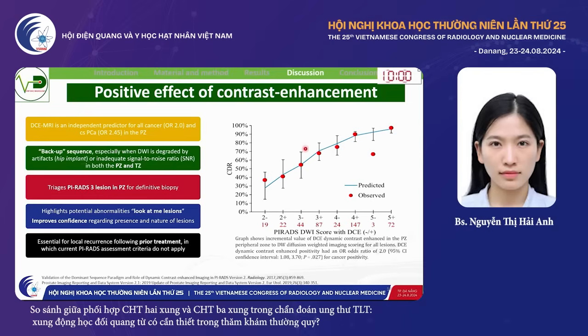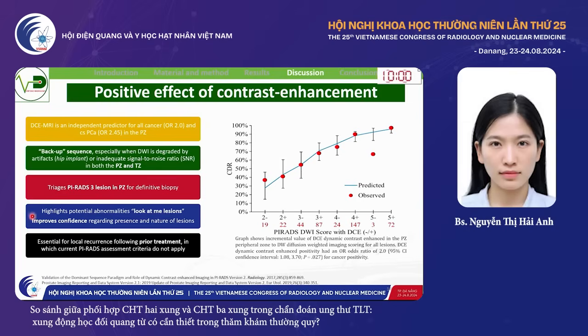And this chart illustrates the correlation between the DWI score and the DCE, and we see that they have a really good correlation with an odds ratio of about 2. That means DCE could replace the DWI value when the DWI is unusable.